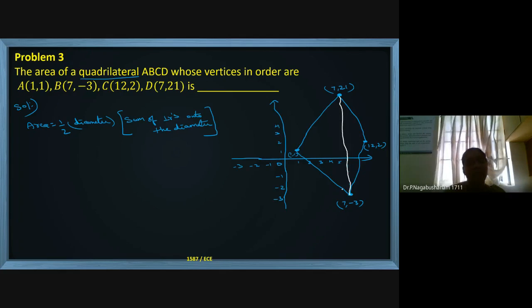X value 7, y value I am calculating. Now the distance between these 2 points: above x-axis it is 21 units, below x-axis it is 3 units. So totally it is 24. We don't have units, so just leave it 24.